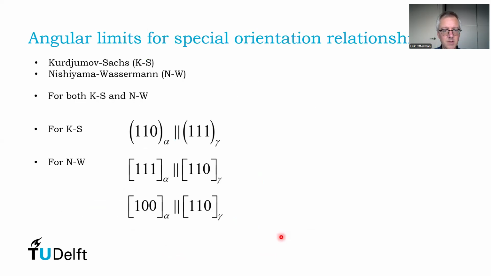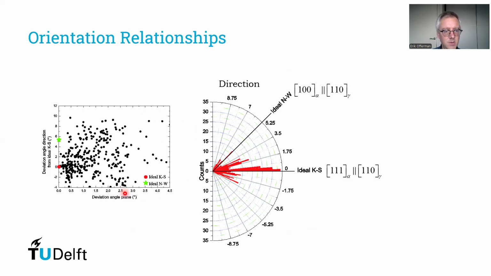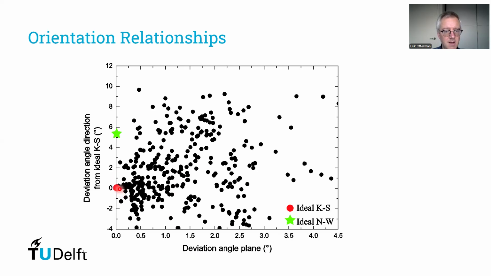So if we move forward a little bit quickly, in the KS orientation relation, and also for the Nishiyama-Wassermann, the planes need to be parallel, and these directions need to be parallel. And that is what you see basically here. And all these dots show the correspondence between the ferrite and the neighboring austenite.